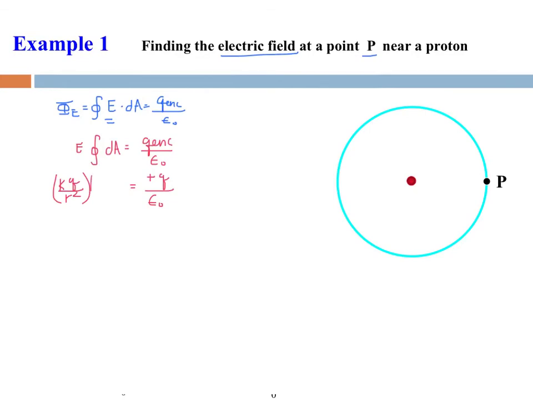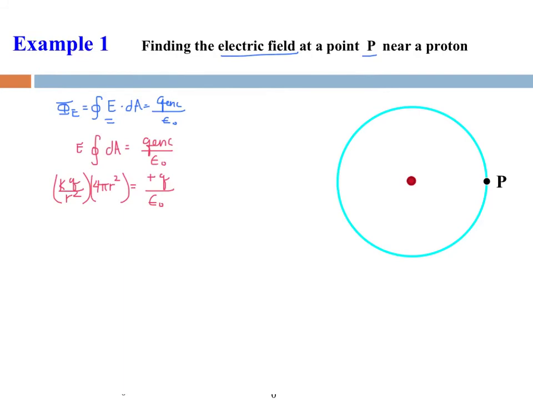And my area in this case is the surface area of a sphere. Even though you only see a two-dimensional figure here, you still have to treat it like a three-dimensional figure. So again, my A is going to be 4 pi r squared. Okay? And this is going to be the area of my Gaussian surface.